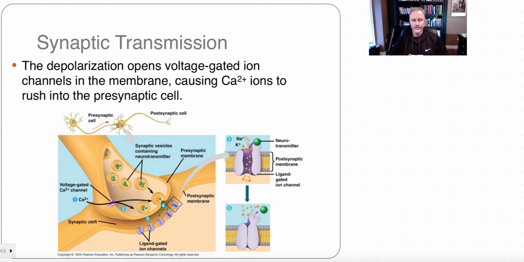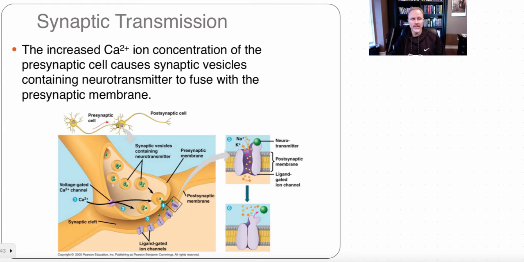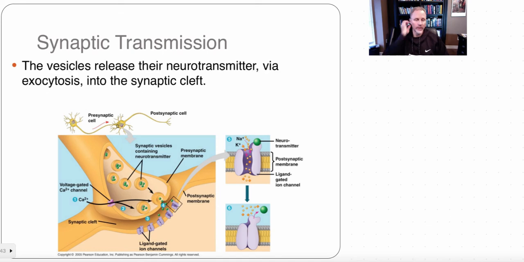Okay, and once these calcium ions come in, the synaptic vesicles here are going to fuse with the plasma membrane of this neuron terminal. And you can see that through the process of exocytosis, they're going to dump their material into the synaptic cleft. Those neurotransmitters, we said, are made in the cell body.